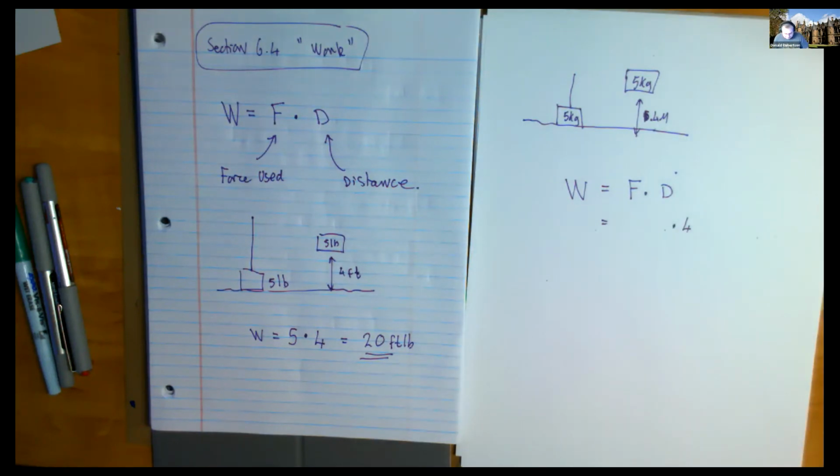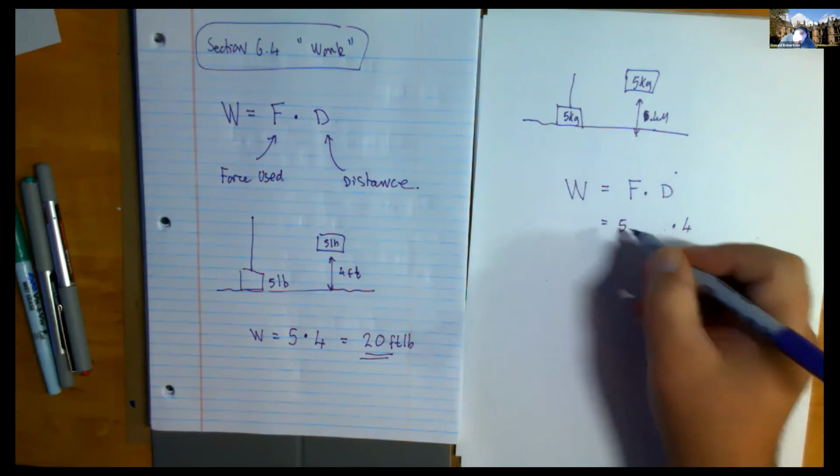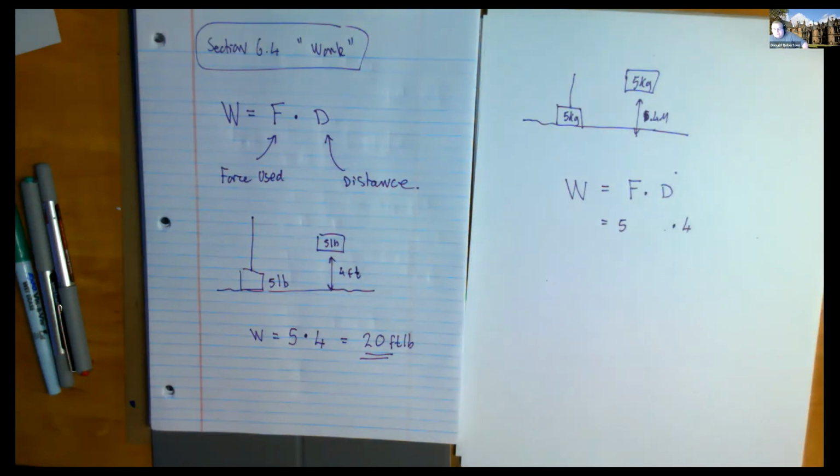Not changing that. And the force does have a 5 in it, because the thing is 5 kilograms. You also have something else, don't you? When you do metric, what are you fighting against when you lift something off the ground? Well, you're fighting against gravity. And doesn't gravity roughly equal 9.8 or 9.81? I think it's 9.812 if you keep going accurate on it.